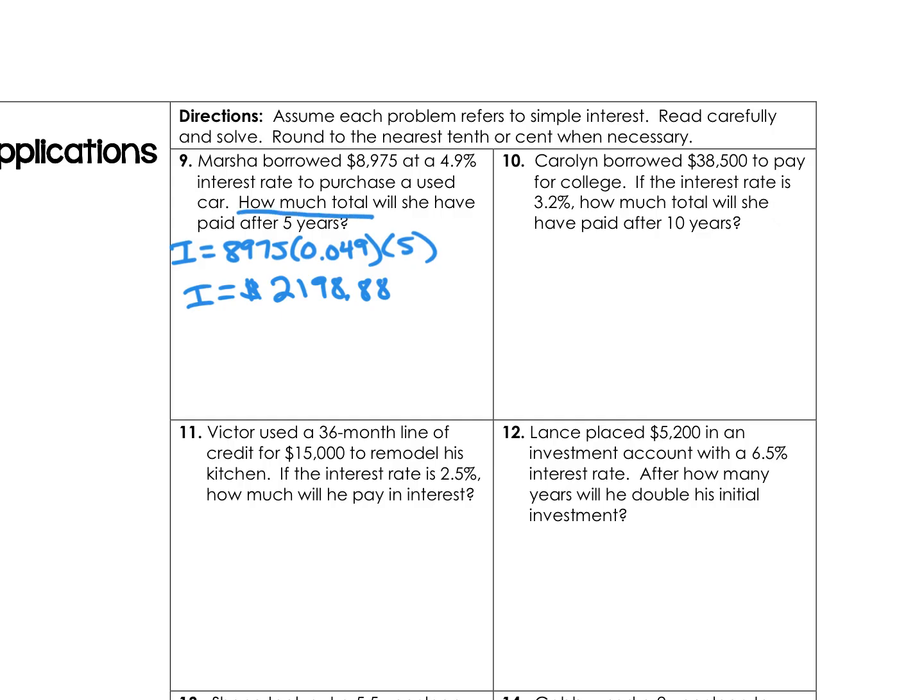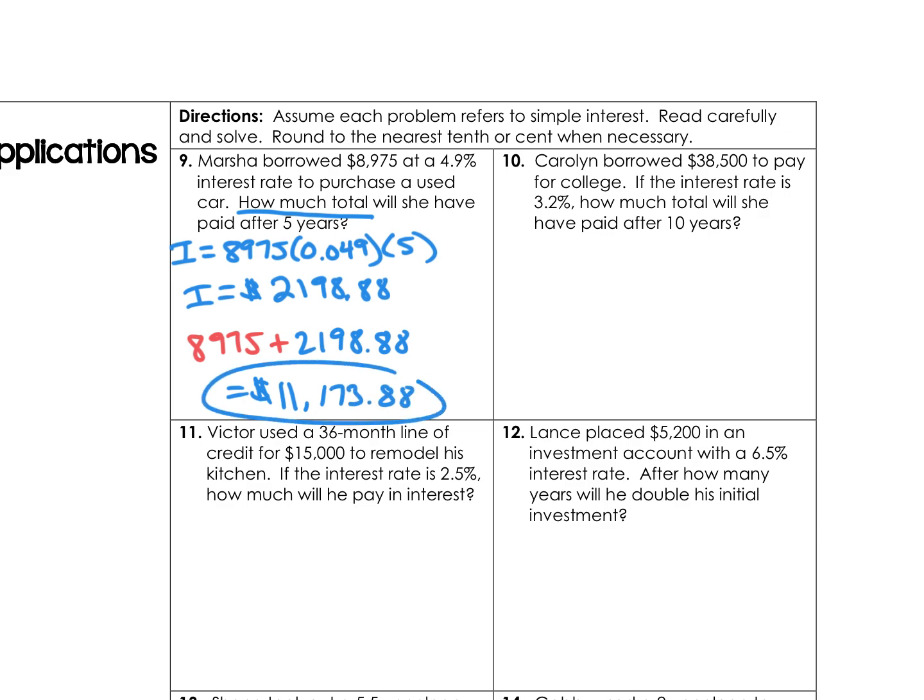So in this case, we would need to take her original amount, which is the $8,975, plus her interest, which is the $2,198.88, to figure out that in the end, she will have paid $11,173.88 for that car that originally cost her just under $9,000.